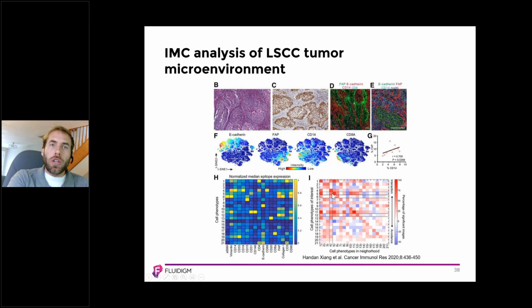And when you look at this clustergram here, you can see that cluster 5 is also interacting quite nicely with cluster 4. Right. So these CAFs were in spatial proximity to the monocytes.